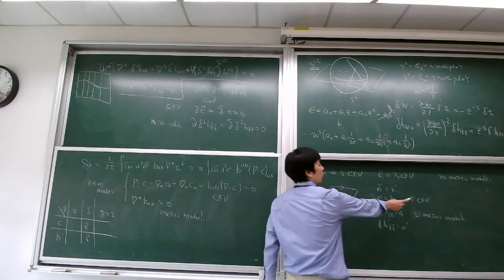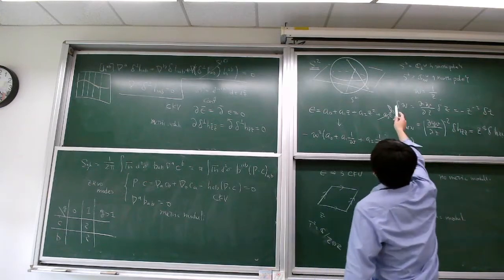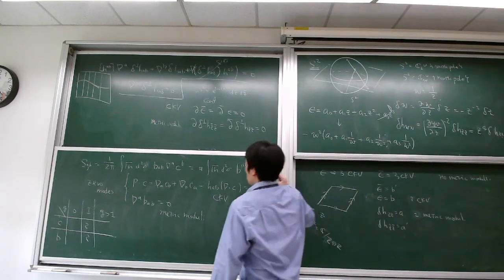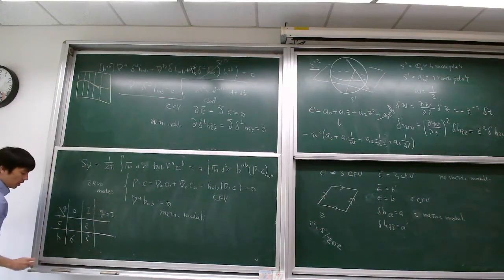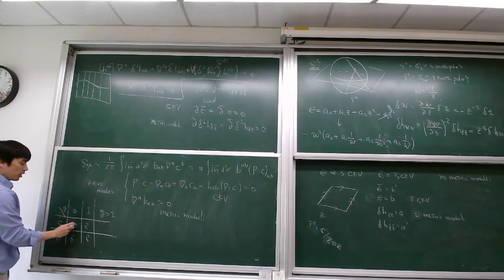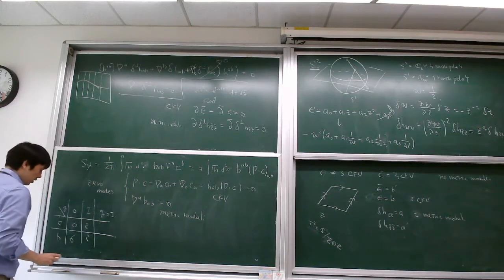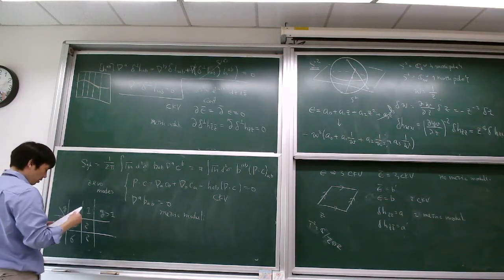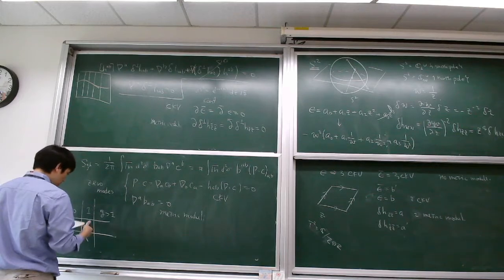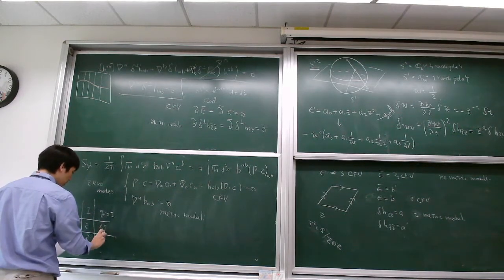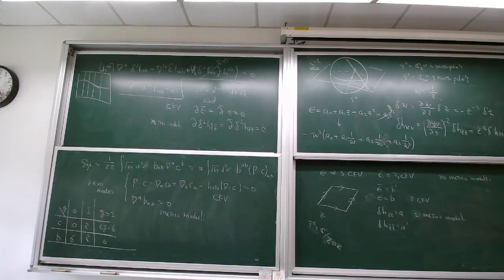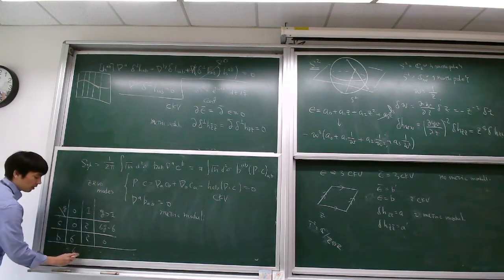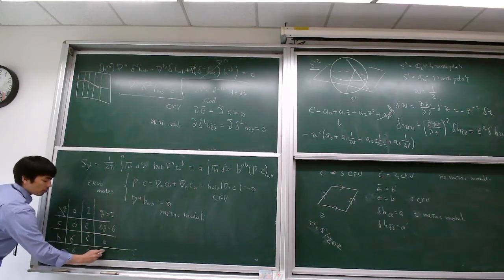You have 2 conformal Killing vectors and 2 metric moduli, whereas in the S2 case, you have 6 conformal Killing vectors but no metric moduli. And then the situation becomes opposite when the genus is greater than 1: 6G minus 6. So once you take the difference between them, you have minus 6, 0, 6G minus 6.